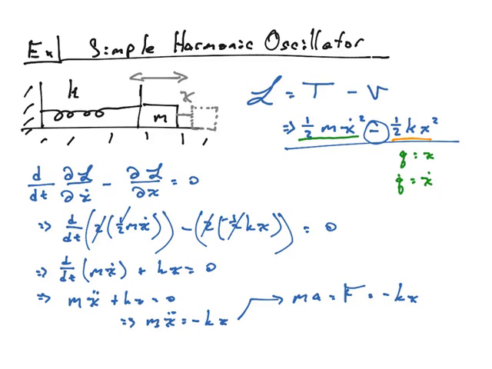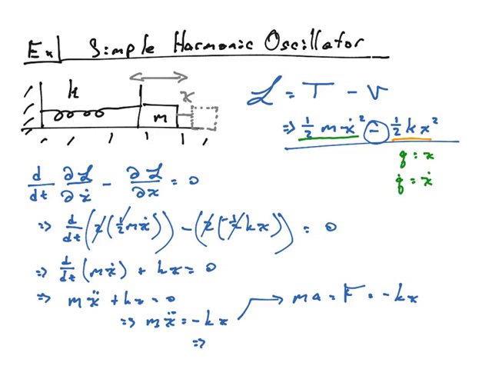The force due to a spring is equal to k x, but minus, because if you pull the spring to the right, the spring pulls back to the left. It's always in the opposite direction of what you stretched. So if you stretch to the left, the spring pulls to the right. If you stretch to the right, the spring pulls to the left, and so forth.